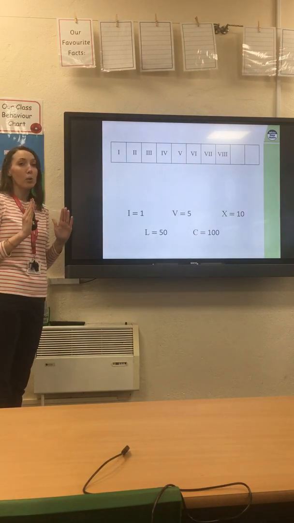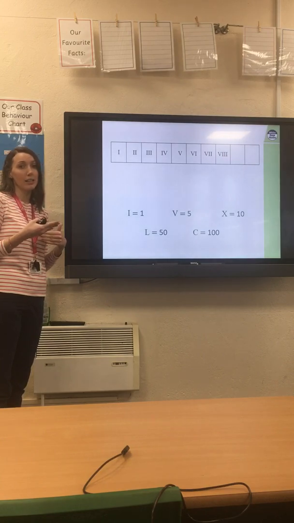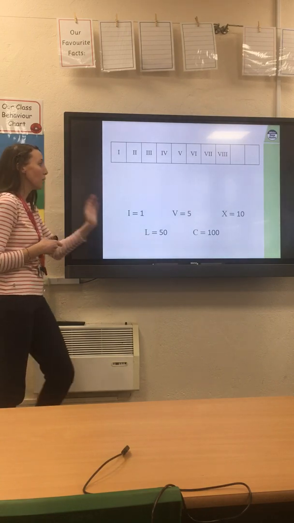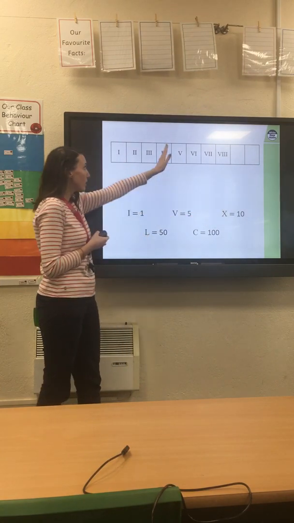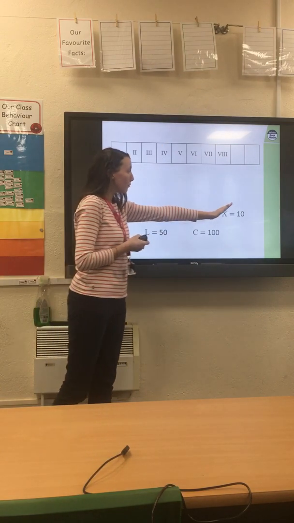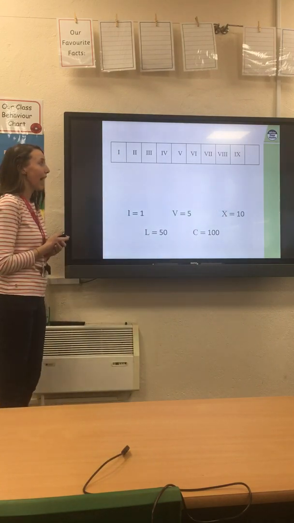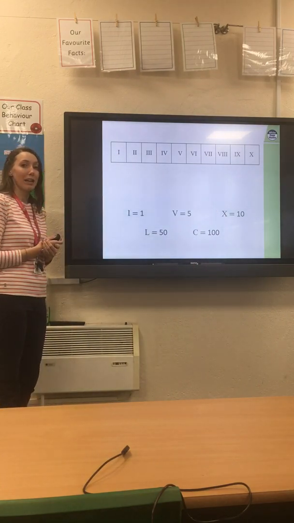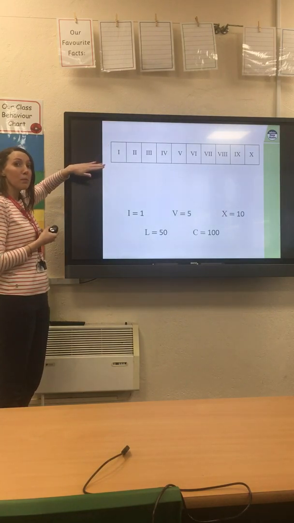Again, I've got to stop here because I can't use any more than 3 I's in a row, 3 of the same. So I'm going to look for my next symbol up for number 9. Just as I did for number 4, I'm going to put 1 less than 10, so IX, and then X will be 10.